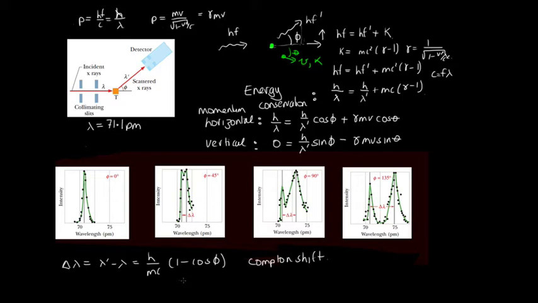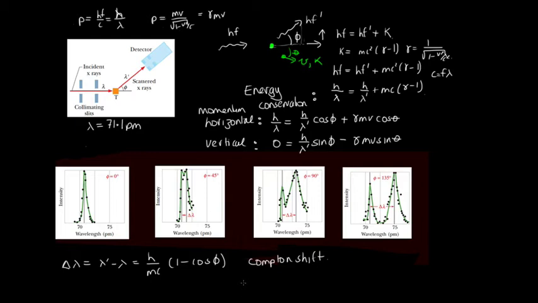Okay, so the important point is that we have used energy and momentum conservation to come up with an expression for how much this wavelength should change. Now, Compton did the experiment and found that his experimental results agreed with our theory. So this was strong evidence that photons do indeed have momentum, and it is given by the equation which Einstein said it was.